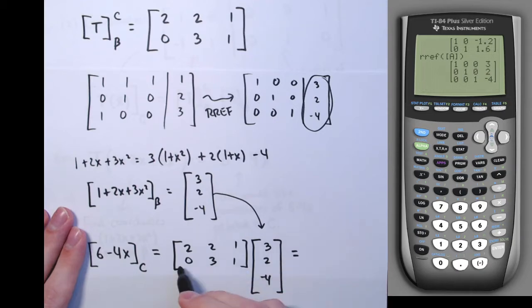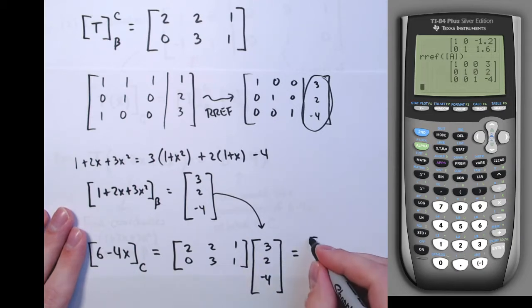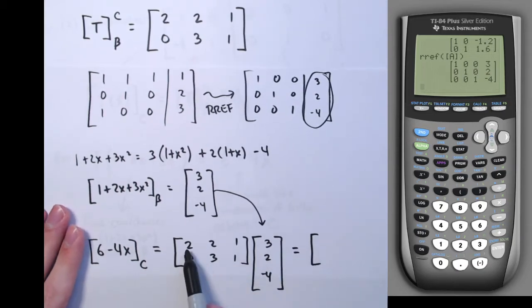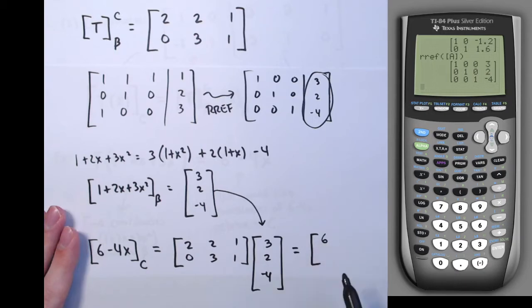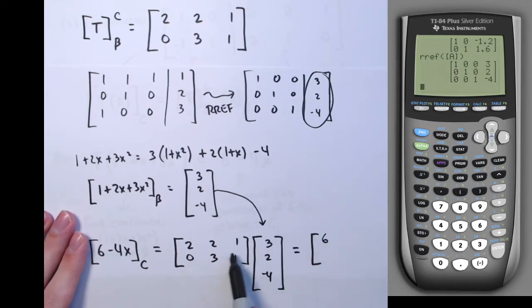And this is a 2 by 3 times a 3 by 1, so this is going to be a 2 by 1. And I'll have what? 6 plus 4 is 10, minus 4 is 6, and then nothing, 6 minus 4 is 2. All right. And there we go.